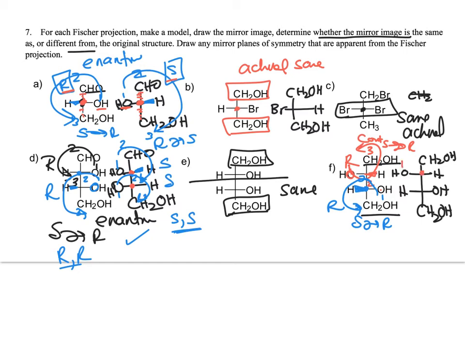And so let's check this one out here. We have 1, 2, 3. 1, 2, 3. So S, but then you have hydrogen there, so S goes to R. And then this one here, you have 1, 2, 3, and that's counterclockwise, S goes to R. So this one's RR, and I get that these would be the same, but I wonder if I counted them wrong.